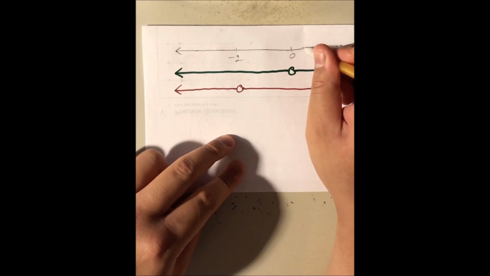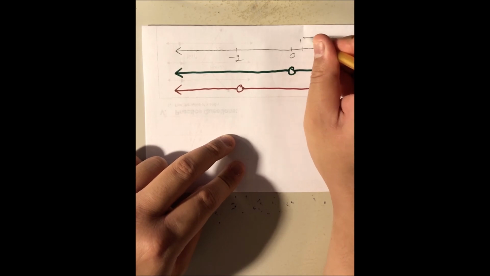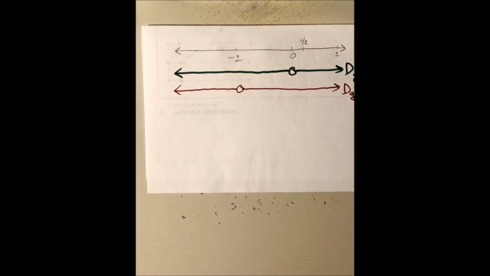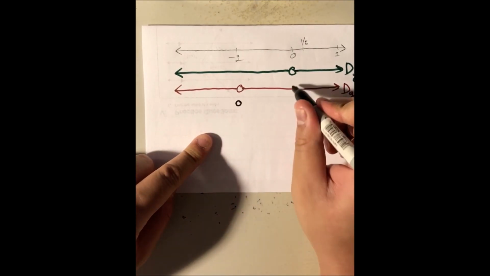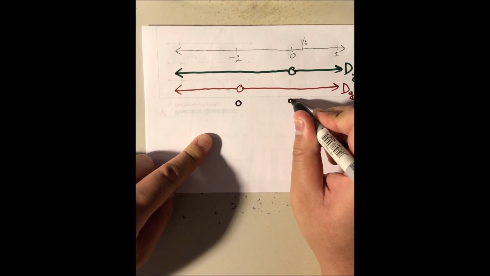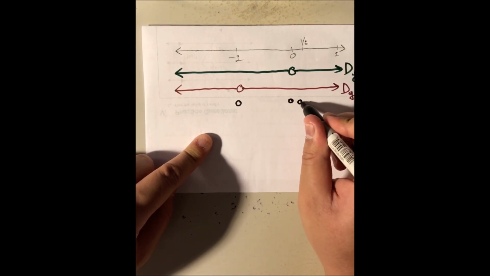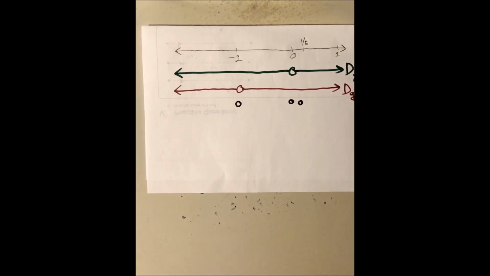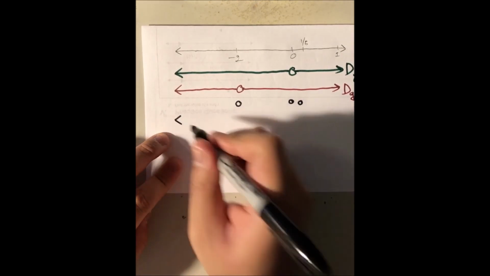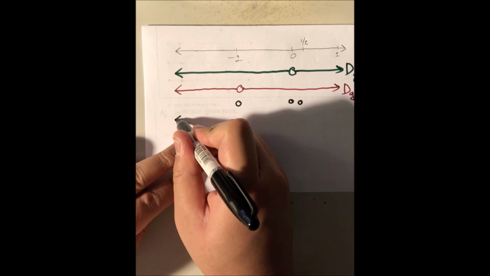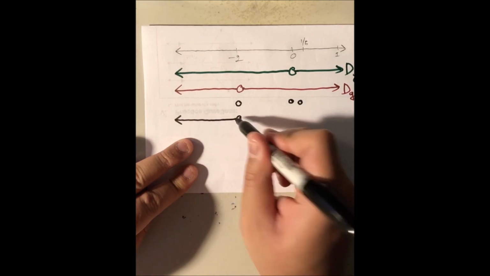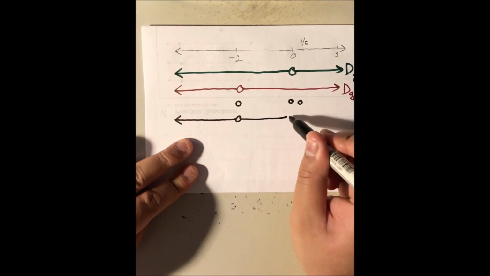So 1 over 6 is probably somewhere right here. We can tell right away that the restrictions are going to be here, here, and there. So taking all of the restrictions into consideration from the function f, function g, and from every step of the simplification process, we have the domain that looks something like this.